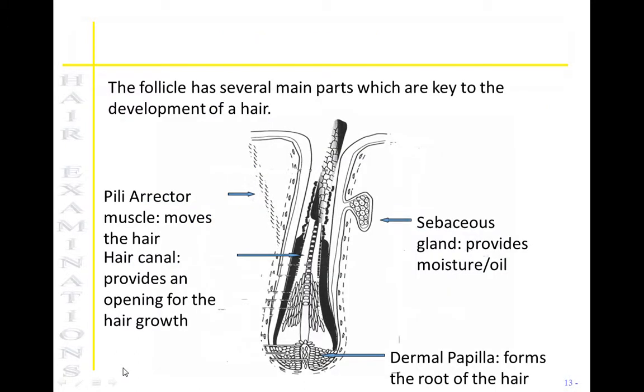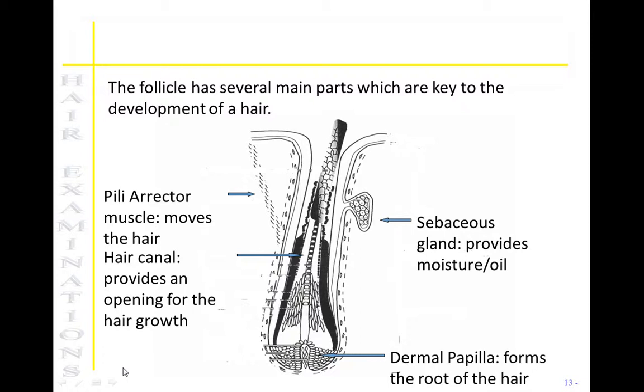The follicles themselves are initially created by going through several stages. Part of these stages create the actual hair canal, which develops into the hair follicle, with the dermal papilla being at the base of the canal itself.